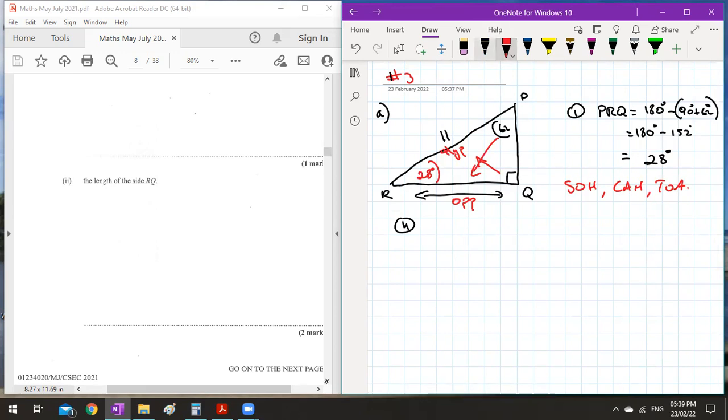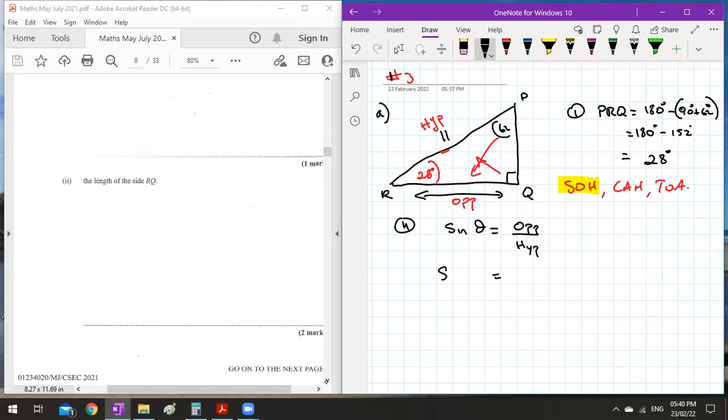So which one uses opposite and hypotenuse? The sine formula. So sine theta is equal to opposite over hypotenuse.